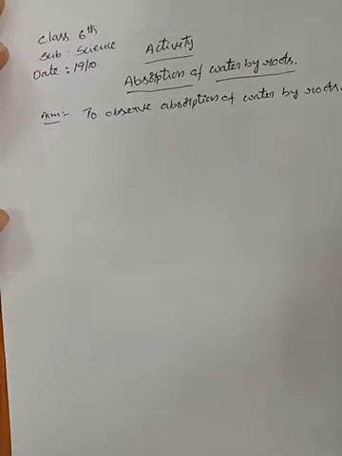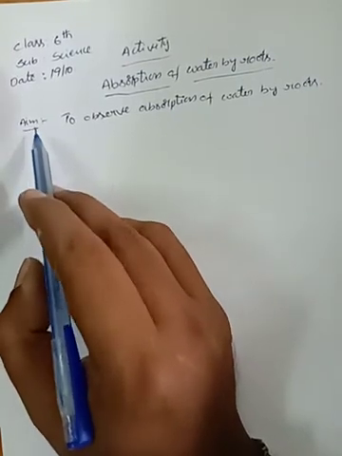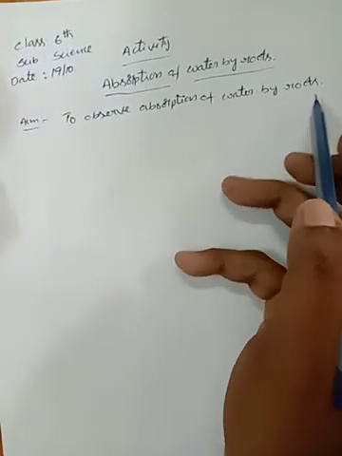Okay, children? So first of all, we write the aim of the activity. What is the aim? To observe absorption of water by roots.